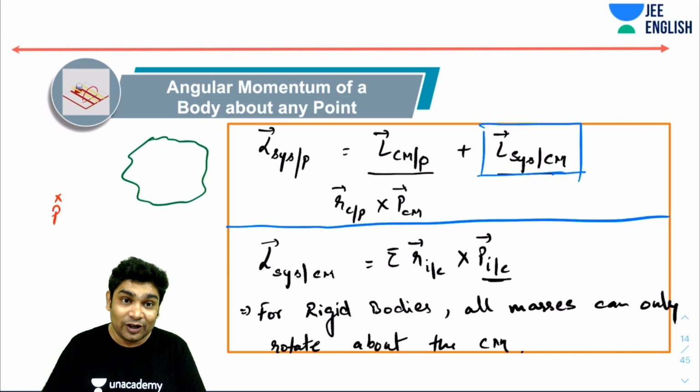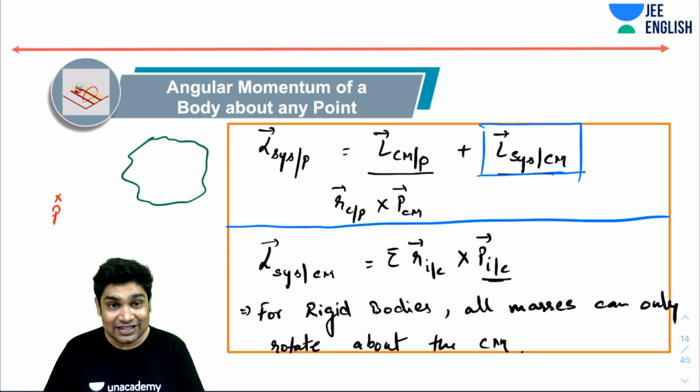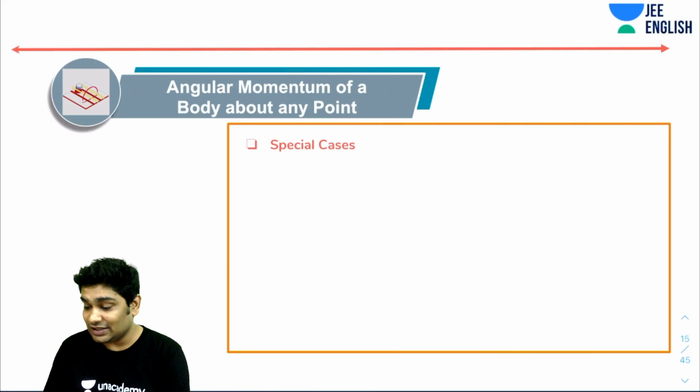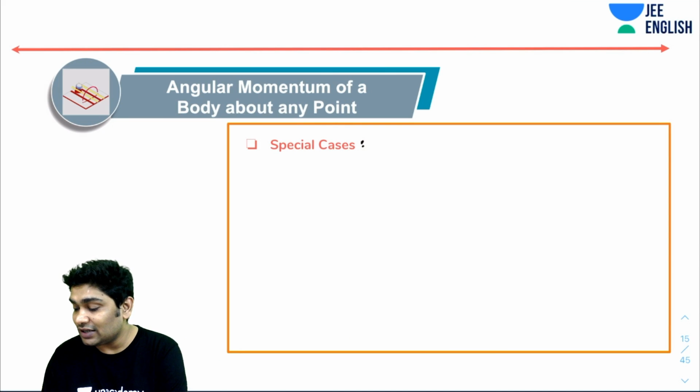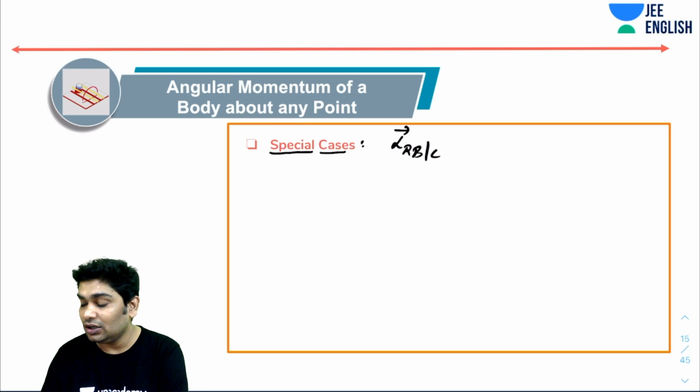So now I will know how to write their velocities with respect to the CM. So let's continue. The special case is that we are trying to calculate L of a rigid body that is about its CM.